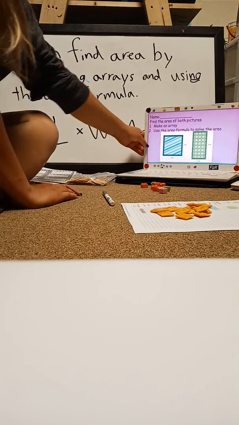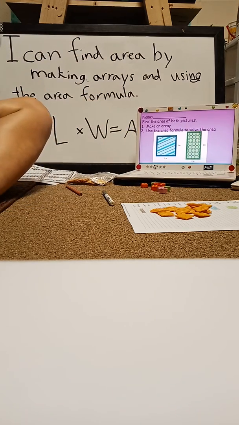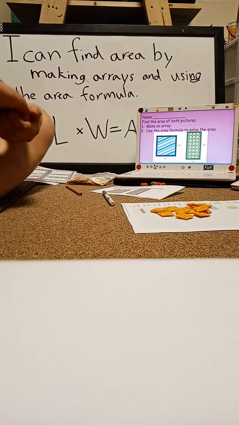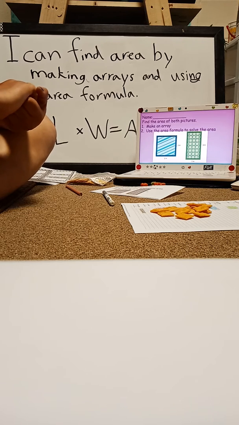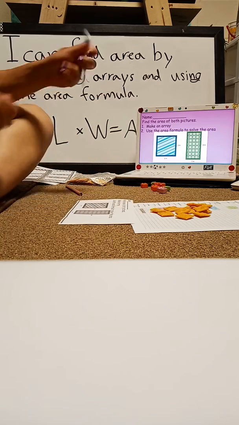Alright. So in this one, these you can also print out. Find the area of both pictures, make an array, and use the area formula to solve the area. Alright, I want you guys to go ahead and work on that.